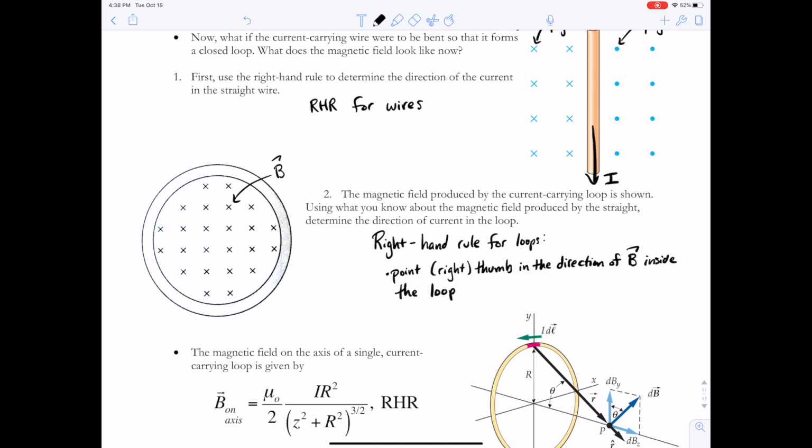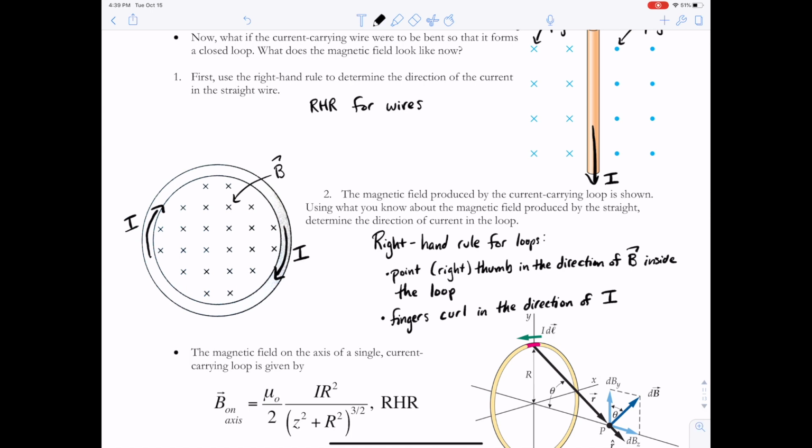If we were to do that, our thumb should be pointing towards the screen. And then, if we curl our fingers, they will give us the direction of the current. So pointing our thumb at the screen and curling our fingers, we find that for this loop of wire, the current, which creates a magnetic field pointing into the page on the inside, is clockwise.